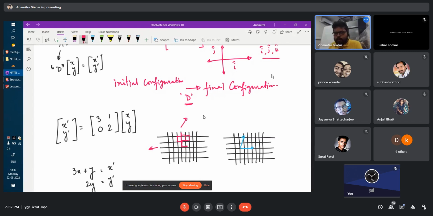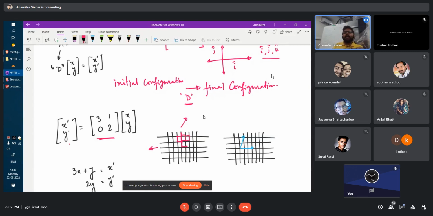So if we know this deformation matrix operated on this medium, what will happen? We will get new coordinates x dash and y dash.